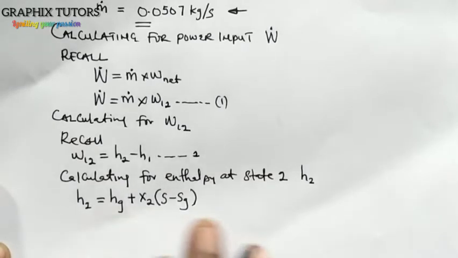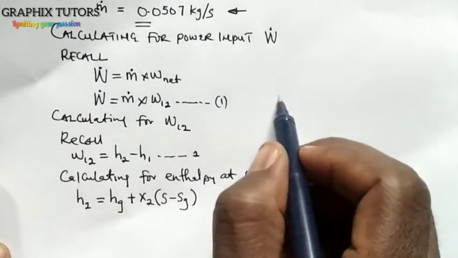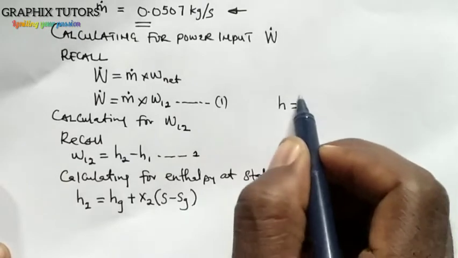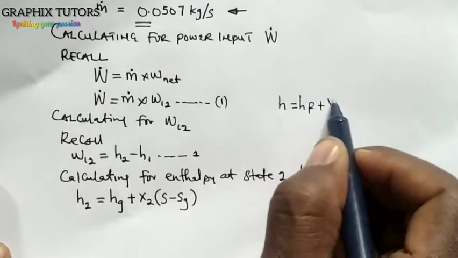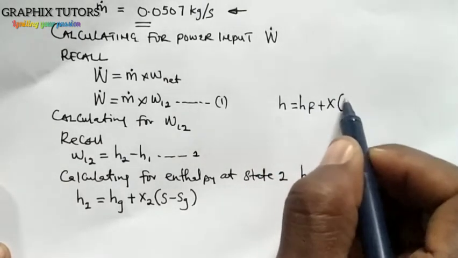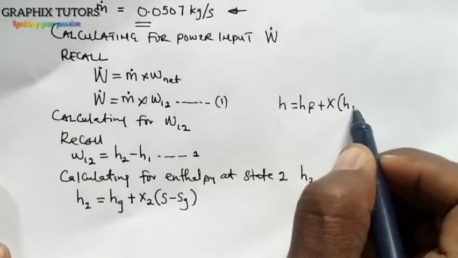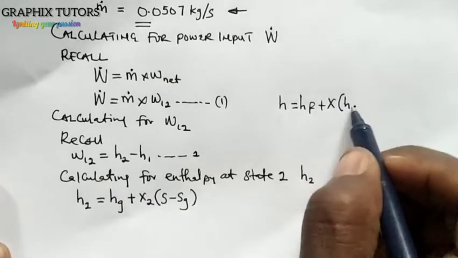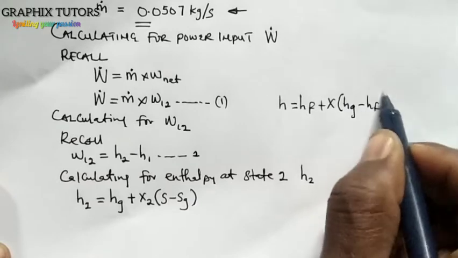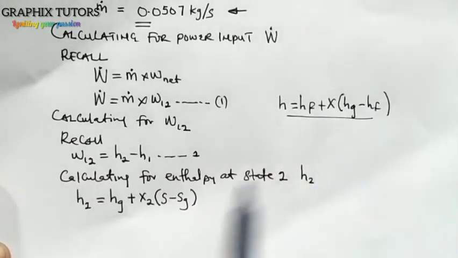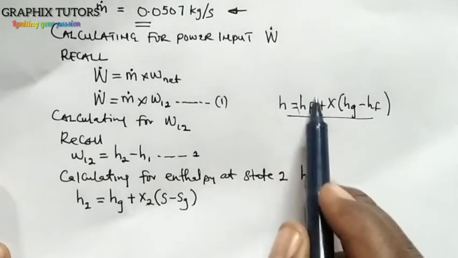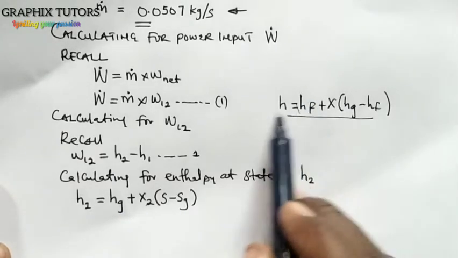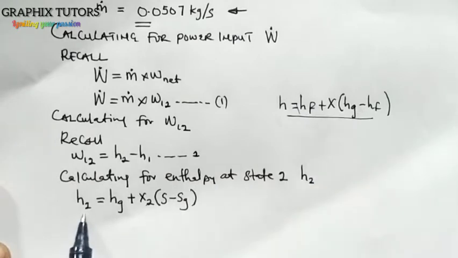This formula is gotten from H equals Hf plus S into bracket Hg minus Hf. But in this case, since it is superheated at state 2, there will not be any trace of liquid. It is just pure gas. That is why we allocated every value to liquid, and leave gas.